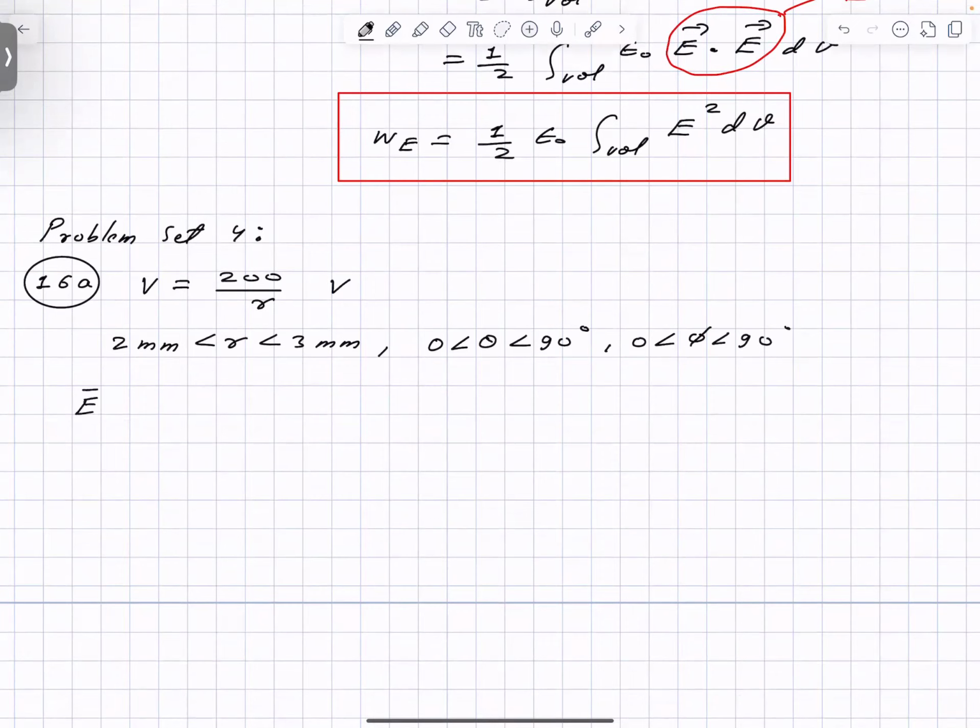The electric field intensity is given by the negative gradient of V. This scalar field is given in the spherical coordinate system, so for the gradient we have to use the formula for the spherical coordinate system.